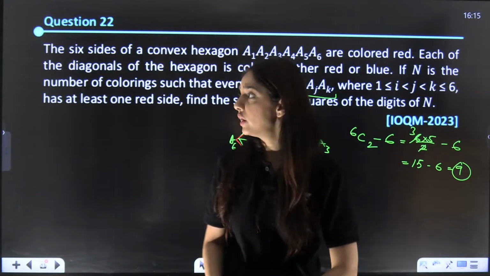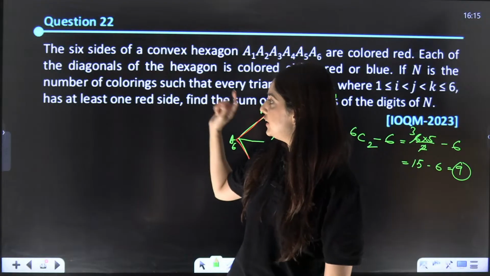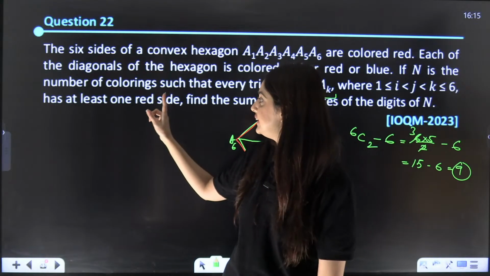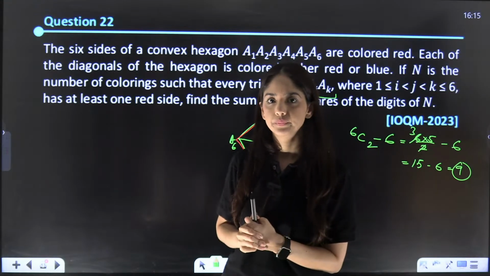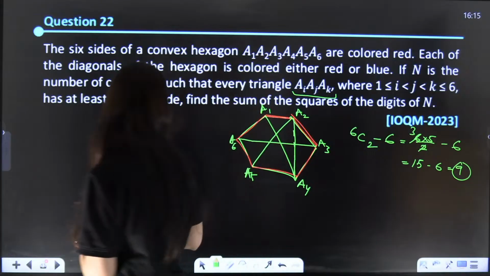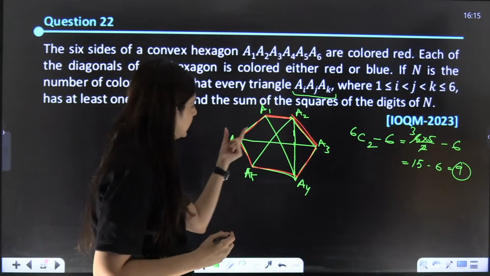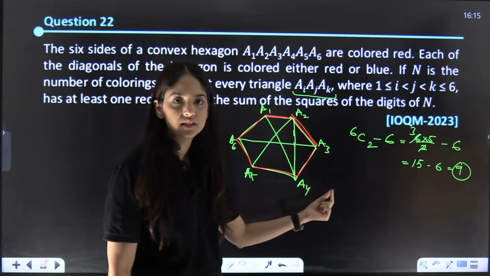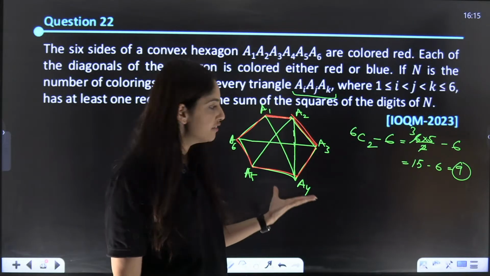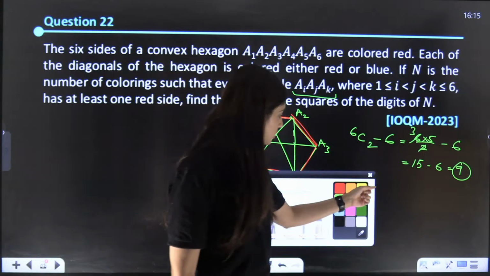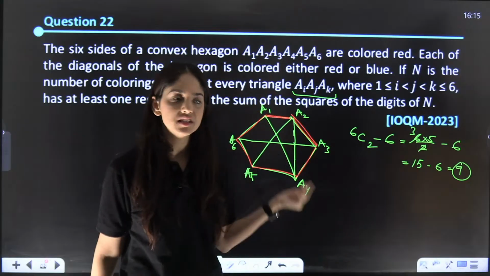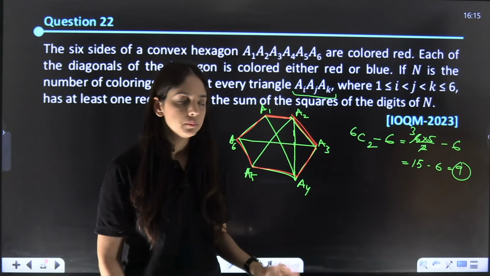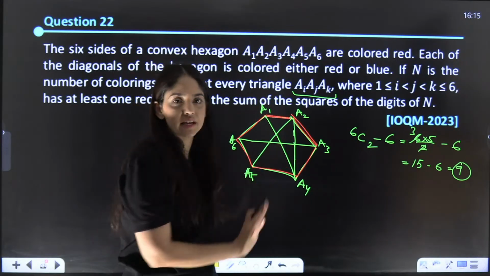And what do we want? We want that every such triangle will have at least one red side. Now, if our triangle has any one of these sides, then we have a triangle that has at least one red side, right? Because we are including one of these sides.